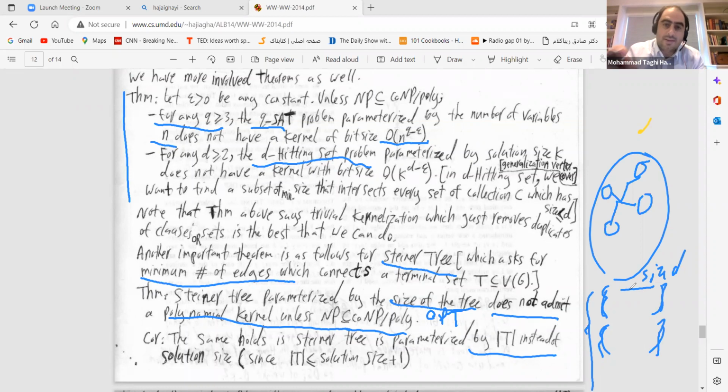And each of them has some elements, like 1, 2, 3, 4, and so on and so forth. You want to select the minimum number of vertices, minimum number of elements, such that you will hit every set. It means that from each set, at least one element is selected.